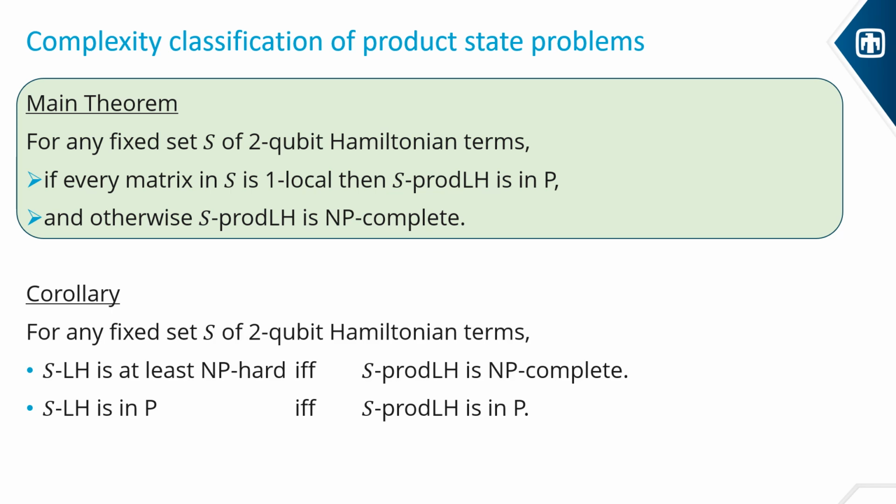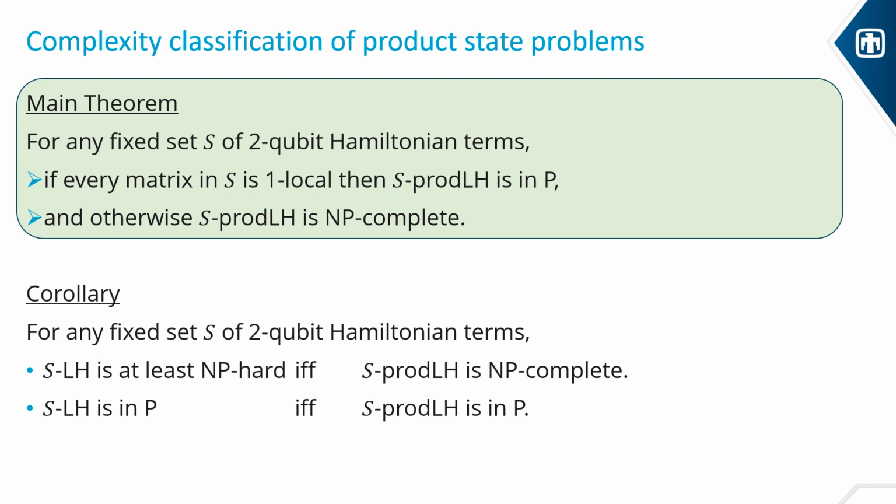Combined with the previously mentioned results from Bravyi and Montanaro, this has the nice corollary that for any fixed set of 2-qubit Hamiltonian terms, the general ground state problem is at least NP hard, whether that's NP complete, QMA complete, or StoqMA complete, if and only if the product state problem is NP complete.